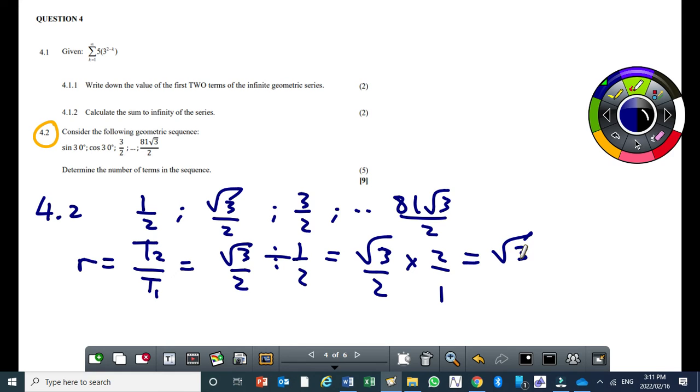So we now have the common ratio, first term, and we have got our last term. So next thing is to write my general term. Then I'm going to substitute Tn with 81 root 3 over 2. It looks scary at a glance, but it's not that difficult.